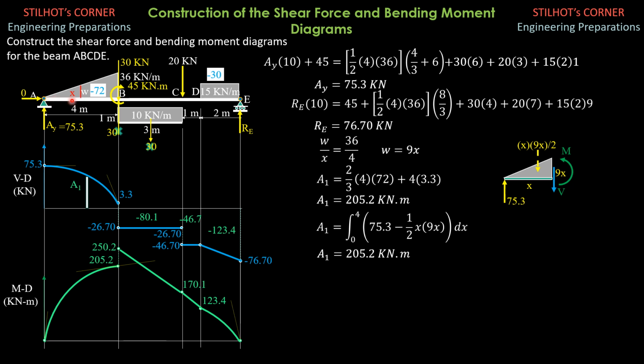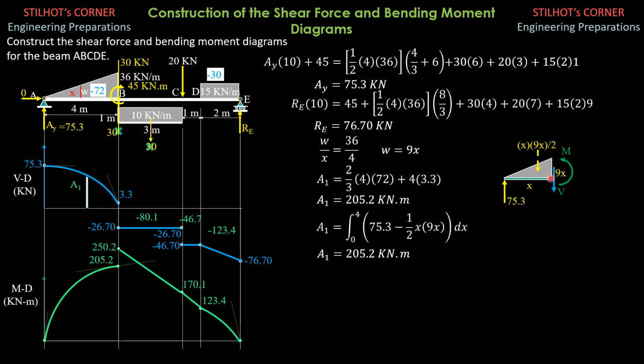That distance is X, and the intensity of the loading at that distance is W. So let's enlarge it here. So this is 75.3, x, then the triangular load, and by similar triangles, W is to x as 36 kilonewton per meter is to 4. So that's why W is 9x. So that's why I represent it with 9x.